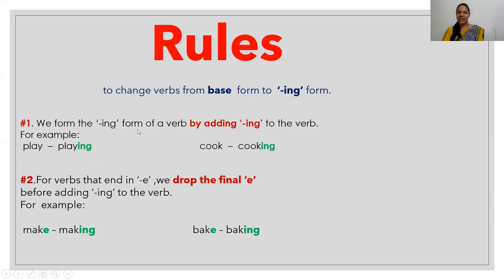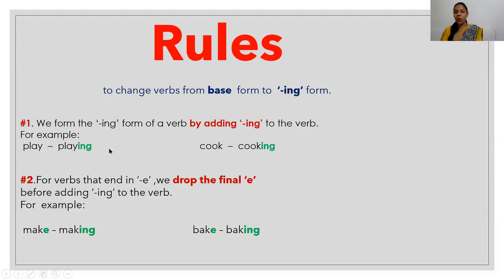P-L-A-Y-I-N-G. Similarly, by adding ing at the end of base verb cook, we get its ing form cooking. C-O-O-K-I-N-G, cooking.